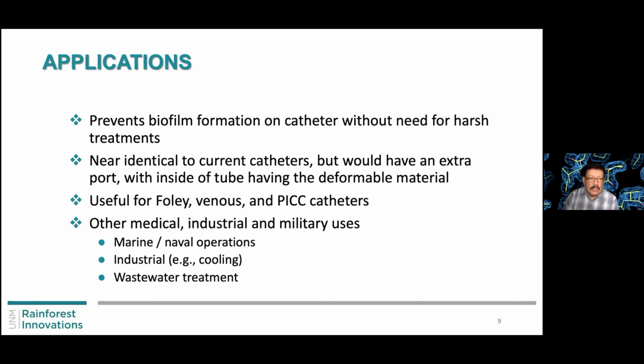And I should point out that through extrusion molding, it's fairly easy to manufacture these catheters, as you can see in our prototypes. There could be potentially other uses beyond Foley urinary catheters, including other types of medical catheters, but also, as I suggested in the beginning, in other medical, industrial, or military applications.